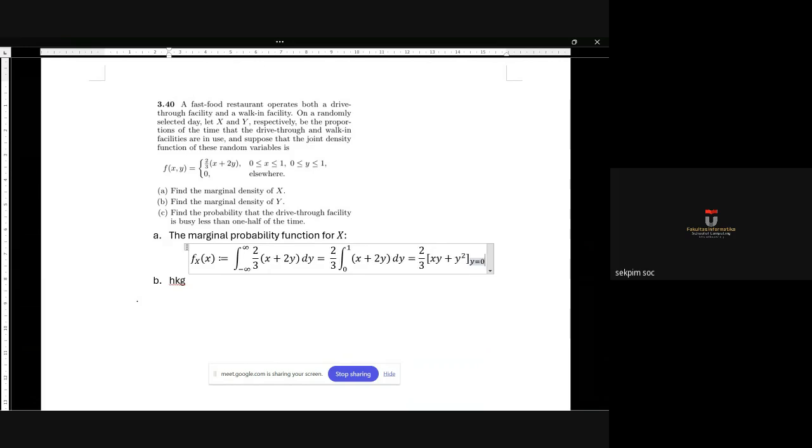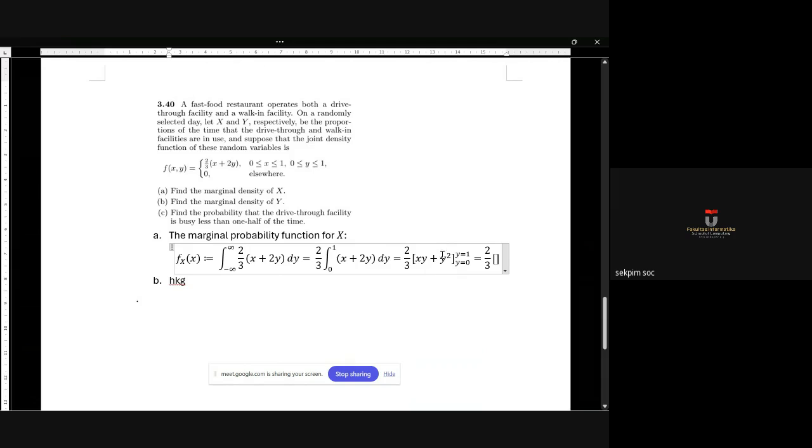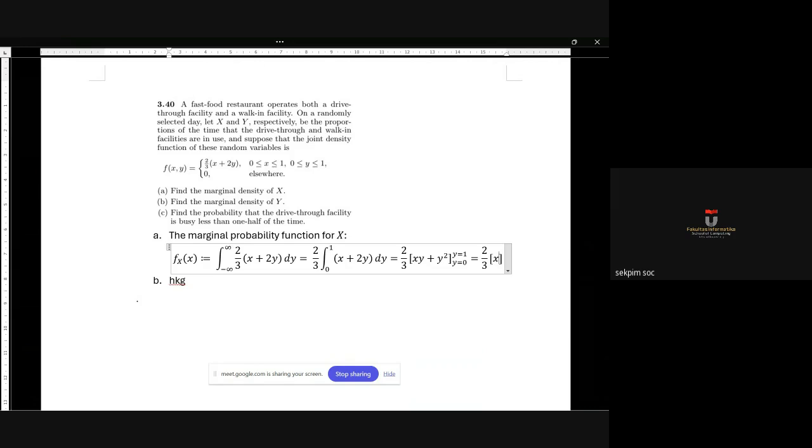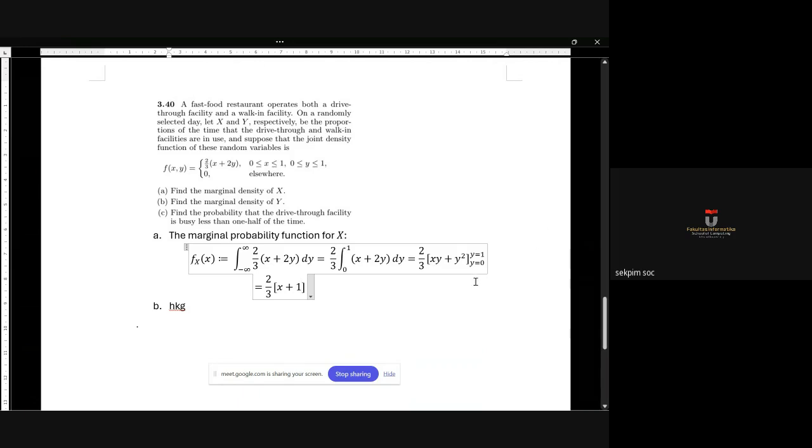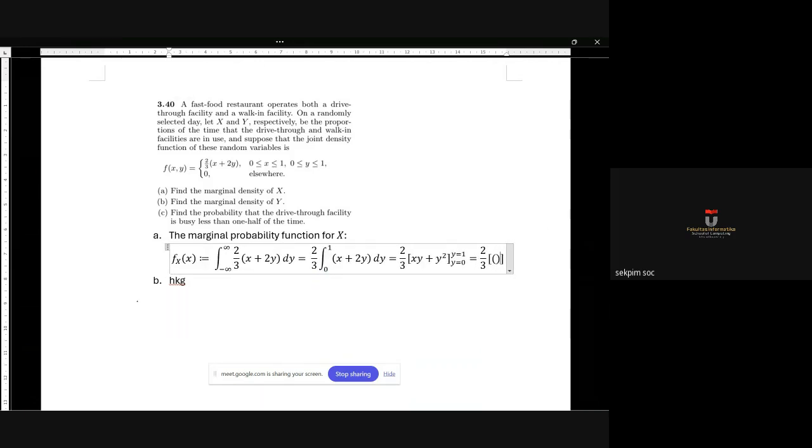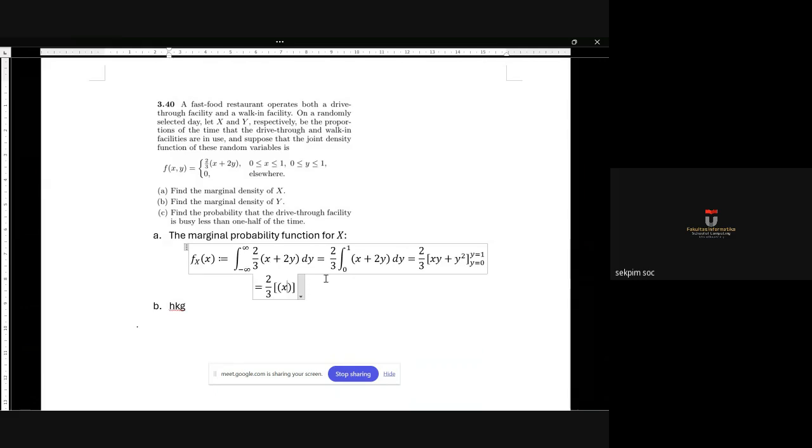Substituting y equal to 1, we get x times 1, which is x, plus 1 squared, which is 1, minus the antiderivative for y equal to 0, which is just 0. So this is 2 over 3 times x plus 1.